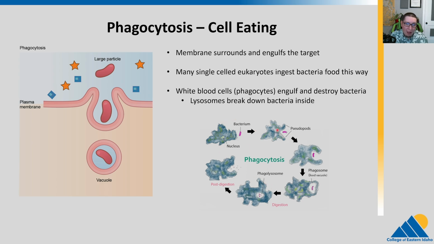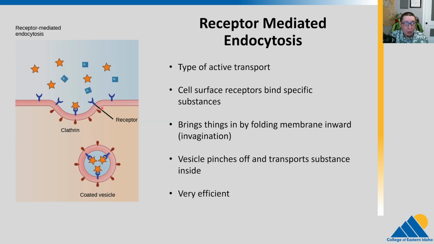It sends out its little bits of cell and engulfs it here and then brings it inside, and the lysosome fuses with this and it breaks down the bacteria in there. Okay, so that's phagocytosis. That's one type of endocytosis, usually for large objects that are other cells or things that might be food products or pathogens we want to destroy.